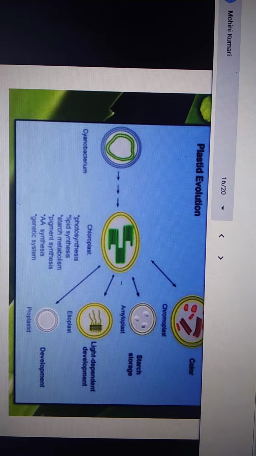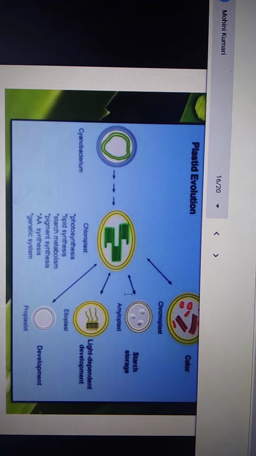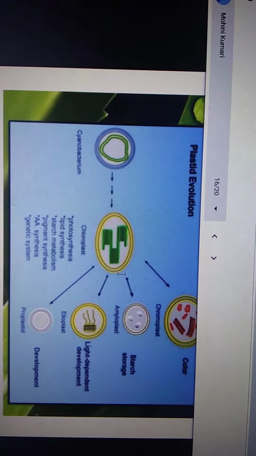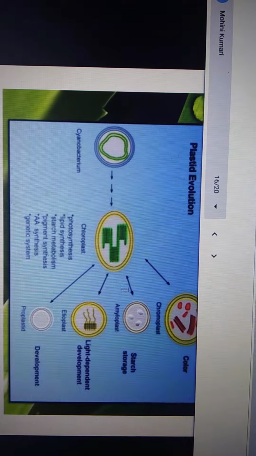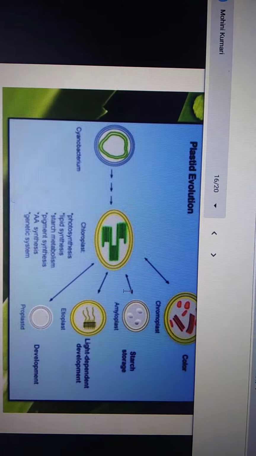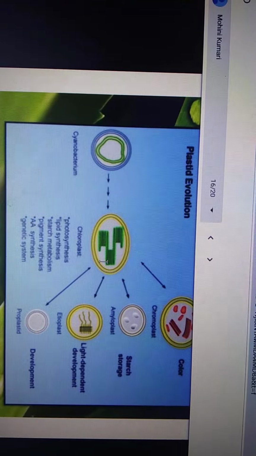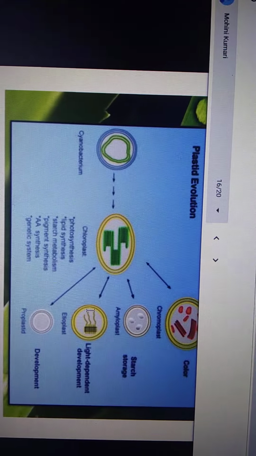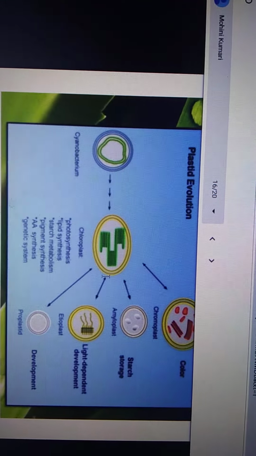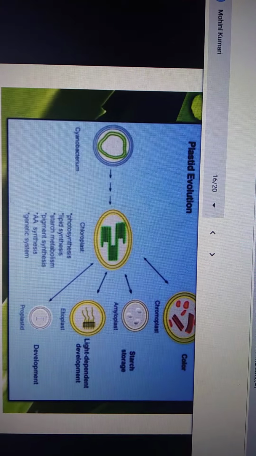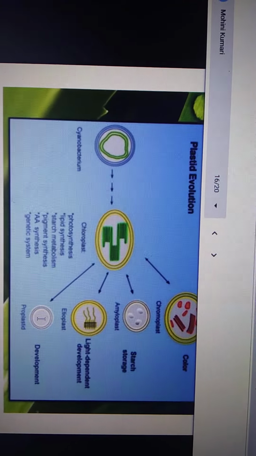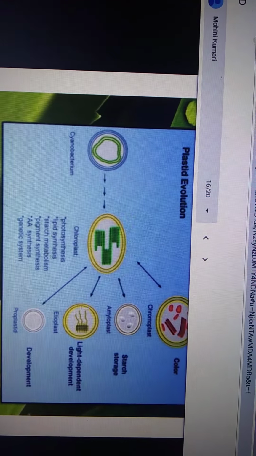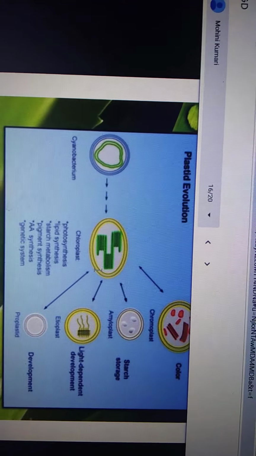And when starch grains appear in the grains of cereal plants like rice and wheat, then chloroplast converts into amyloplast. Chloroplast does not convert into etioplast. Rather, proplastid converts into etioplast in the dark, and then etioplast converts into chloroplast.